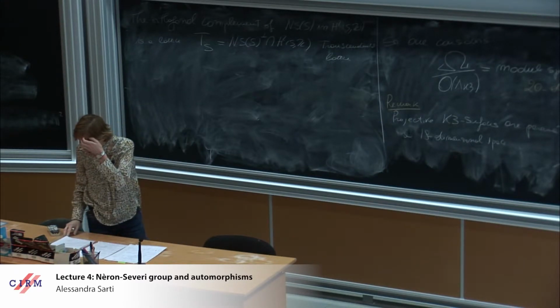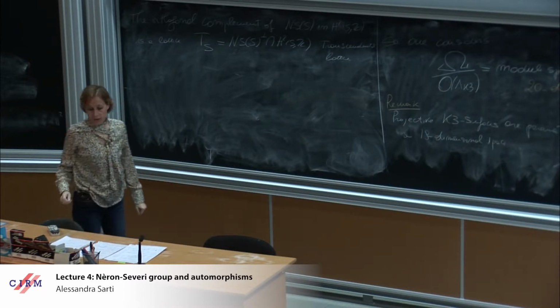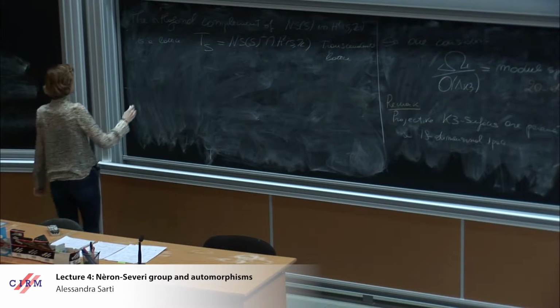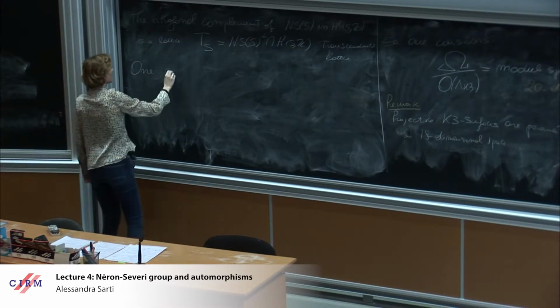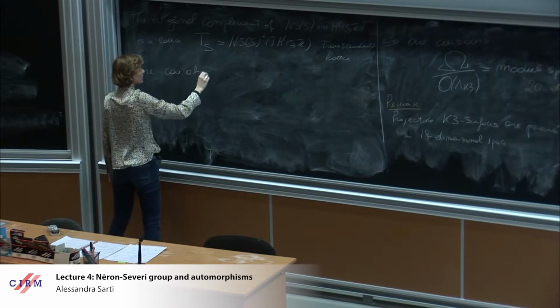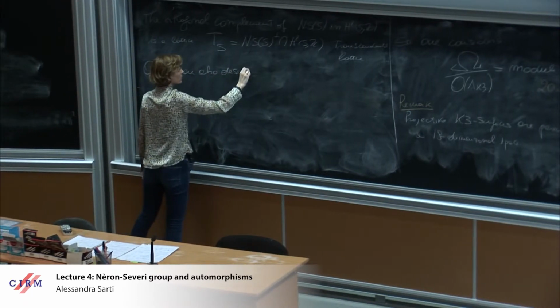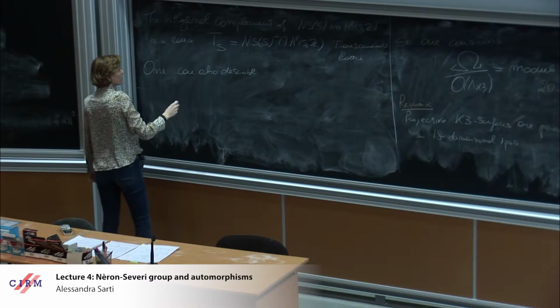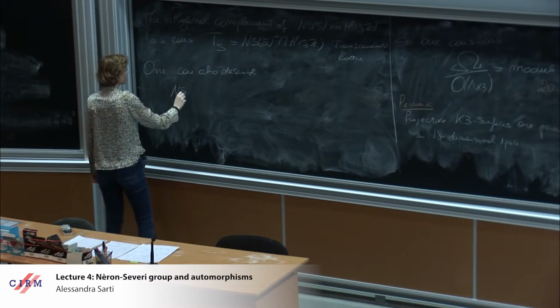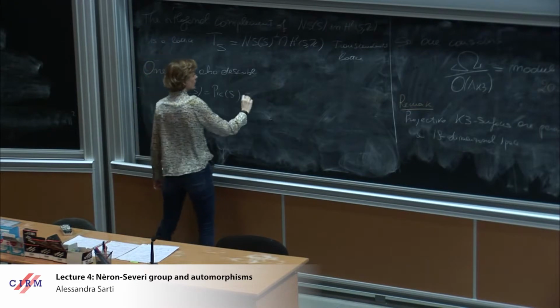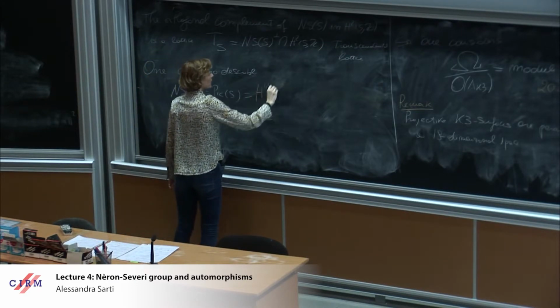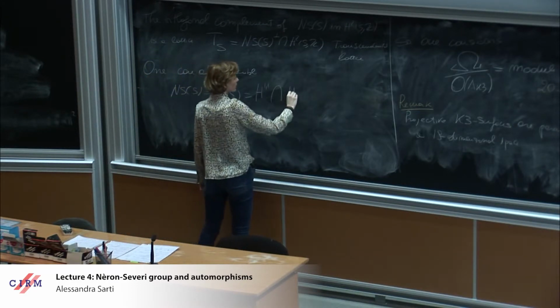And one can also see, by the Lefschetz (1,1) theorem, that one can describe the Néron-Severi group that I was writing before: NS(S) equals Pic(S) equals H^{1,1}, and here take the integral points.